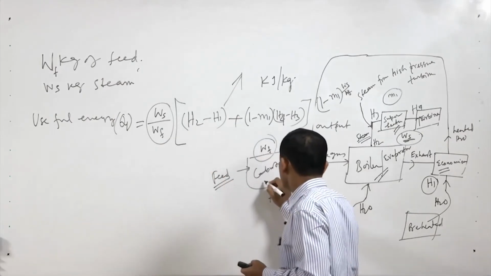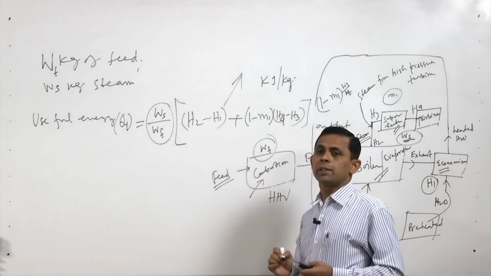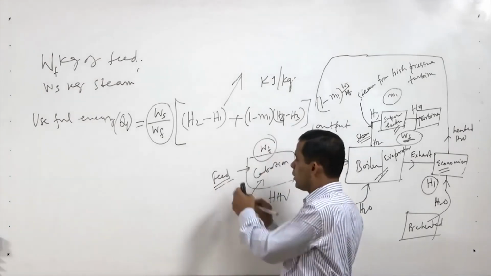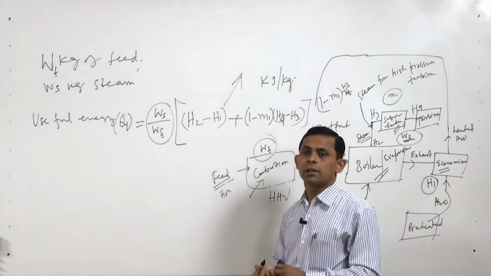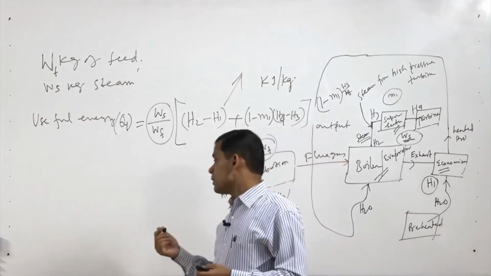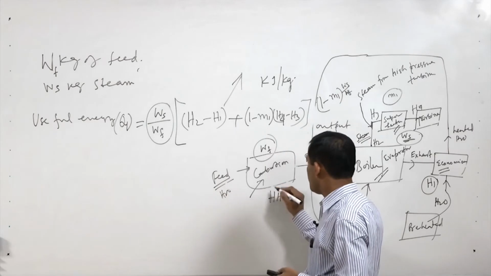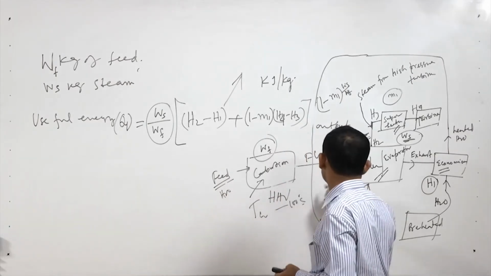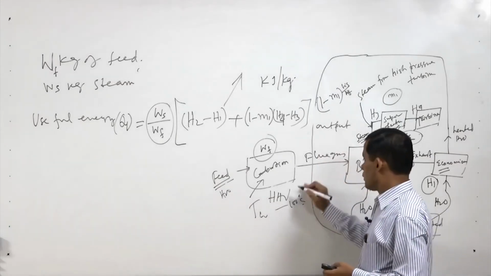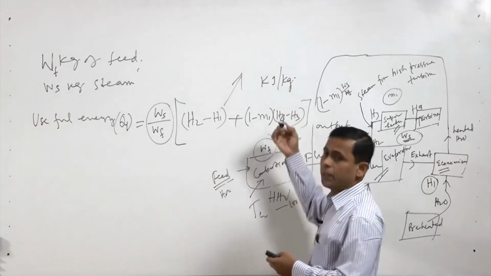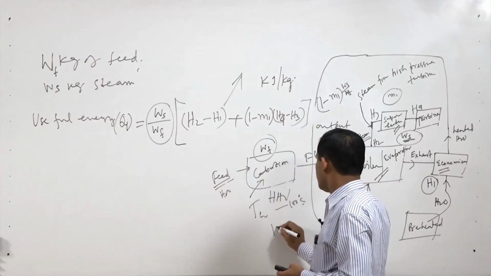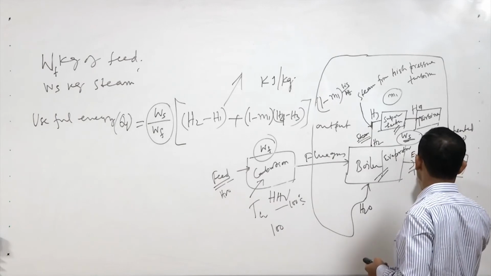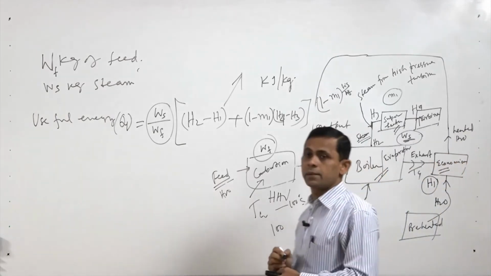The heat liberated in the combustion chamber, some amount of it will be consumed by the water available in the feedstock, to raise its temperature from the ambient temperature Ta to 100 degree centigrade in the boiler, then 100 degree centigrade for its vaporization, and then from 100 degree centigrade to the exit gas temperature.